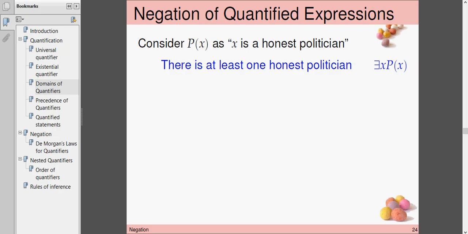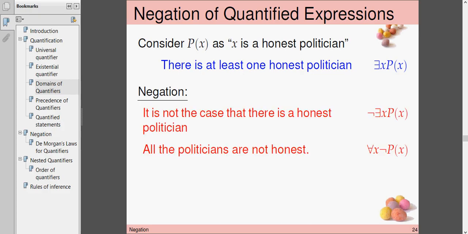Consider B is hottest politician. So there exists, at least one X with B(X): there is at least one hottest politician.